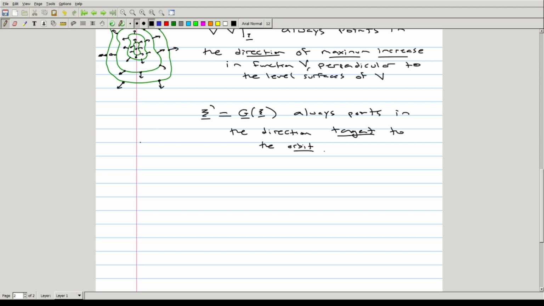So if we have some orbit of our differential equation, I'll draw two separate unstable spirals here.